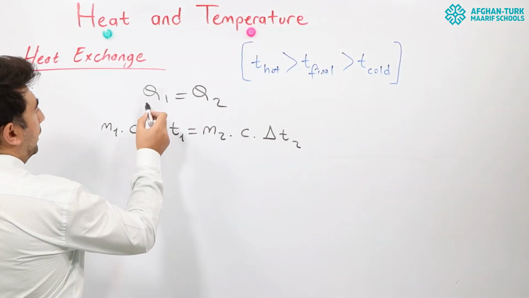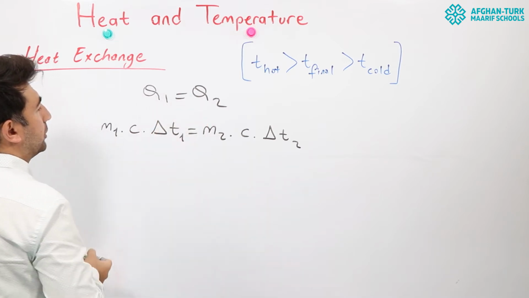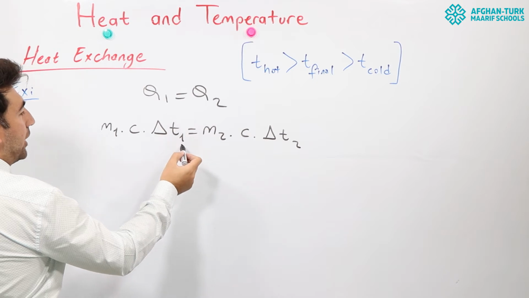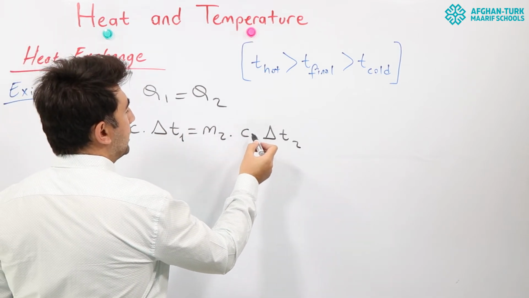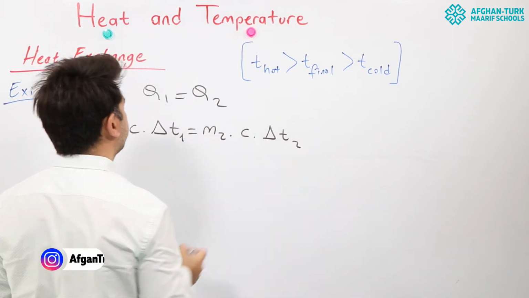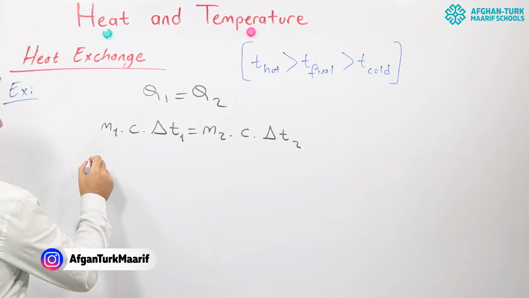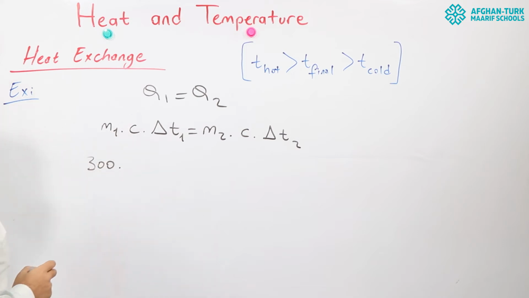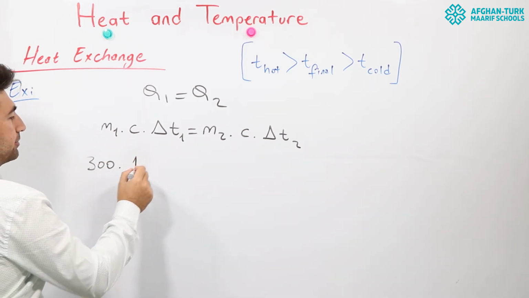We have to equalize Q1 with Q2. Q1 was M1 times C times delta T1, which is equal to M2 times C times delta T2. M1 was 300 grams times the specific heat capacity of water, which is 1 calorie.